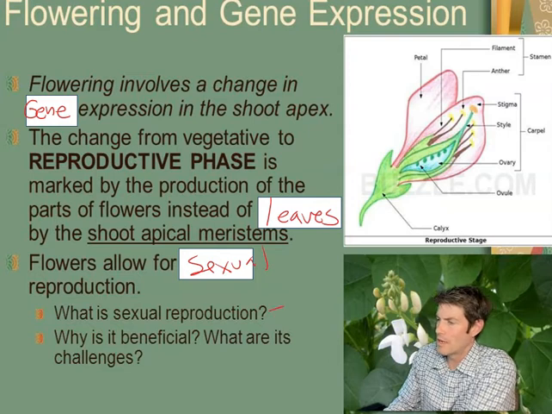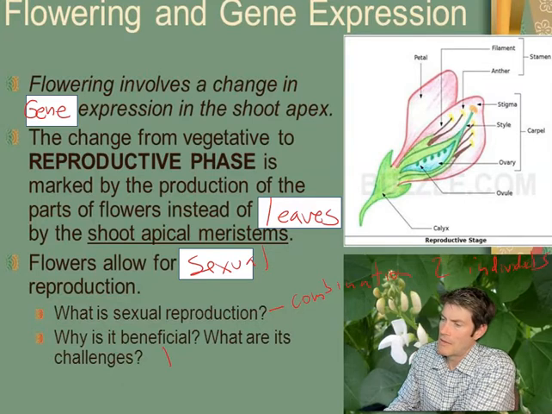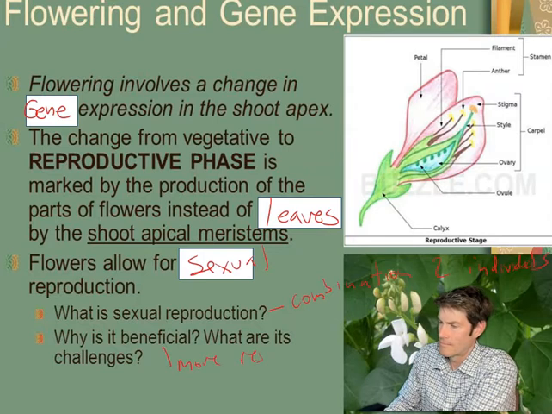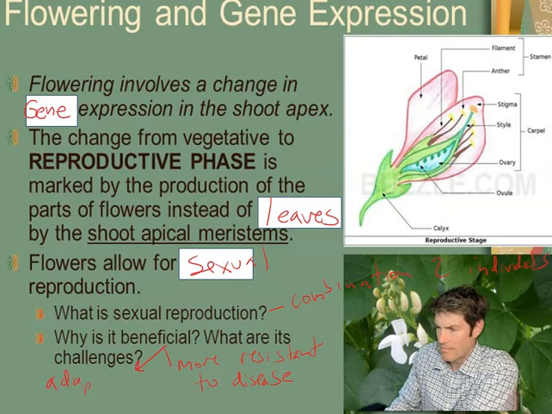And remember, we got the combination of two individuals. And it's beneficial. It makes you more resistant to disease. It allows you to adapt faster.